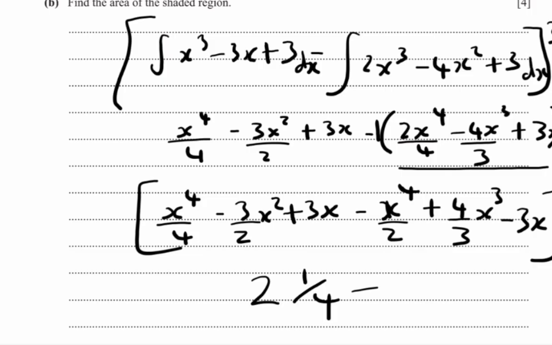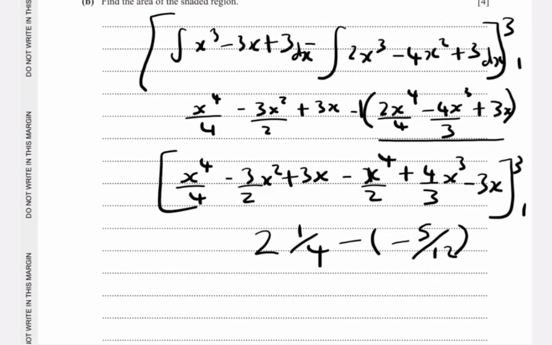Then we subtract the value we get after substituting 1, which is obviously 1/4 minus 3/2 plus 3 minus 1/2 plus 4/3 minus 3, and that's minus 5/12, and this is going to give us a plus.